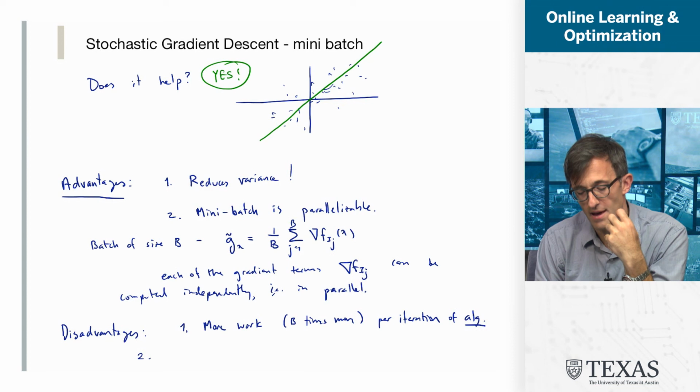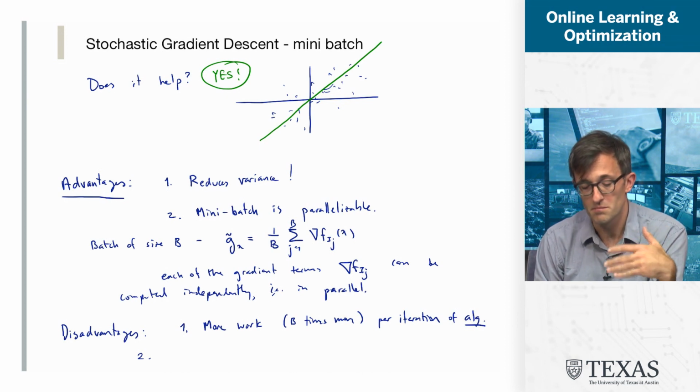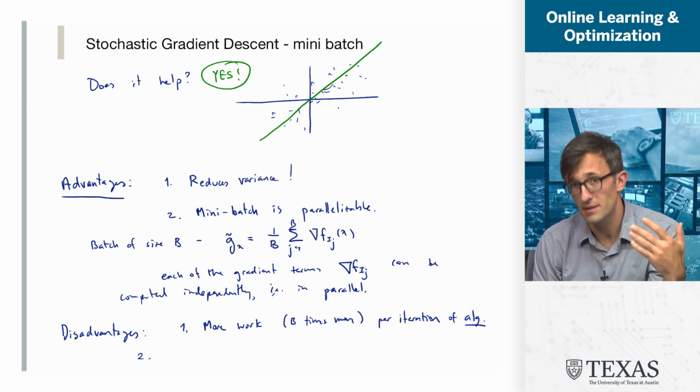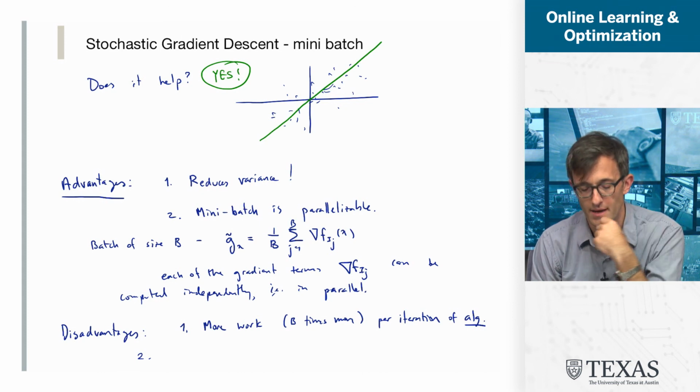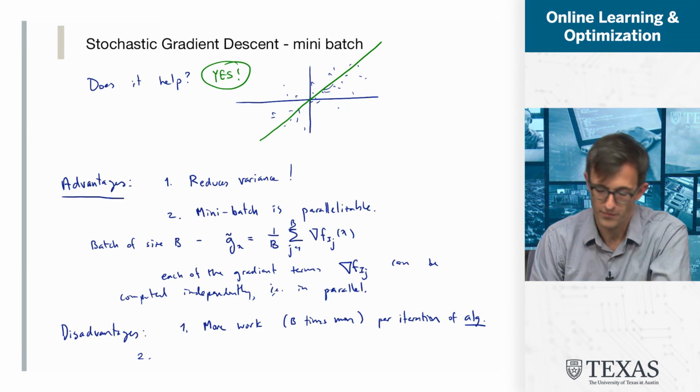Unless b is essentially the size of all of the points, which means that my SGD algorithm has essentially reduced to my gradient descent algorithm, there's still going to be non-zero variance even as x goes to x star.